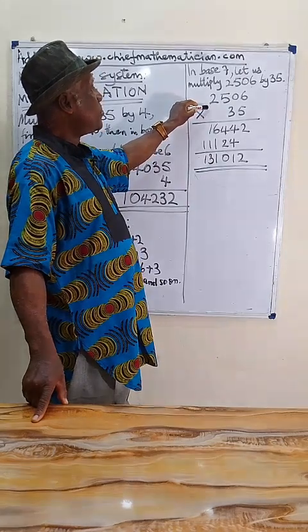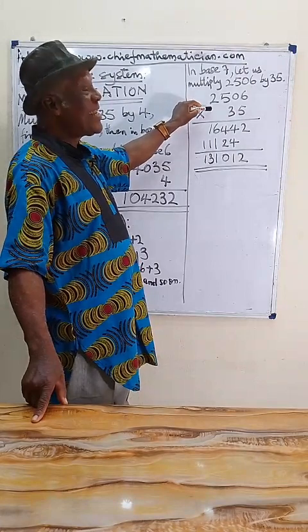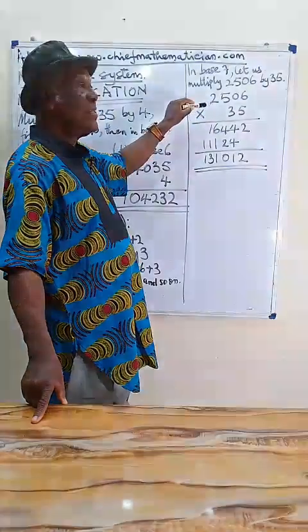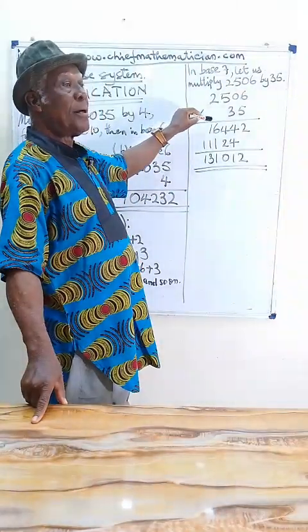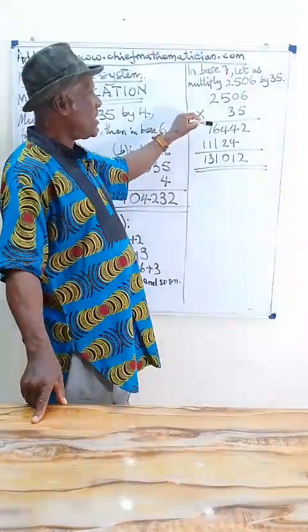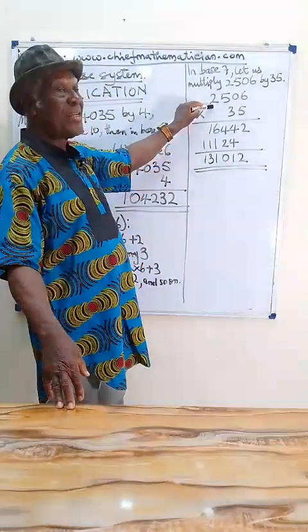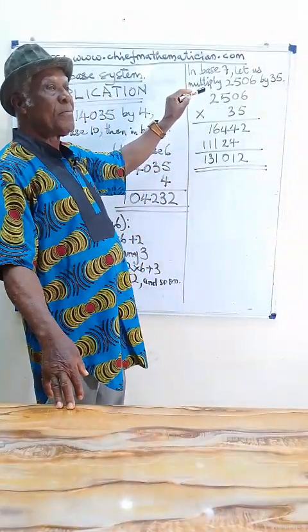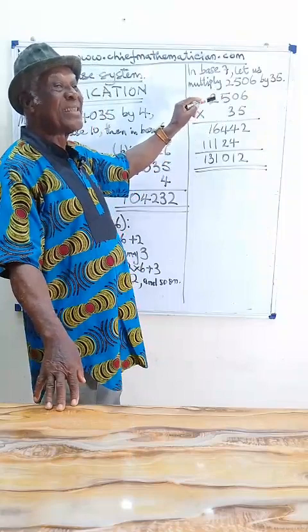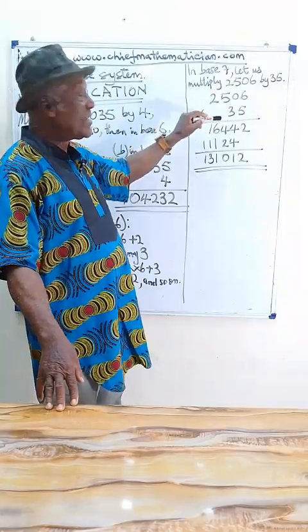Please take note. And 13 in base 7 is 1, 6. That's why you have this 1, 6 here. 5 times 2, 10, plus the 3 we carried, 13. 13 in base 7 is 1, 6.